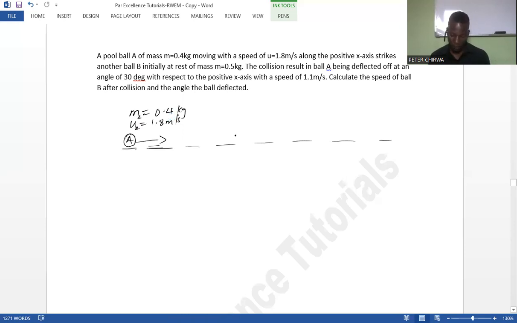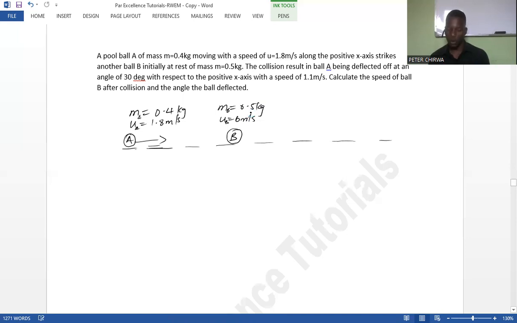So it's moving and finds another ball. This ball now is at rest, where the velocity is 0 and the mass of ball B is 0.5 kilograms. So this is before collision.